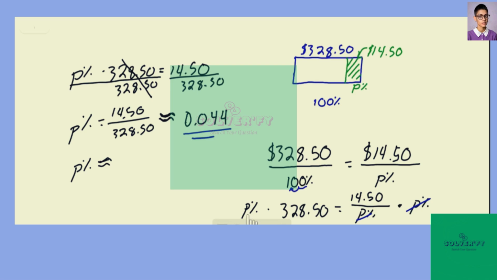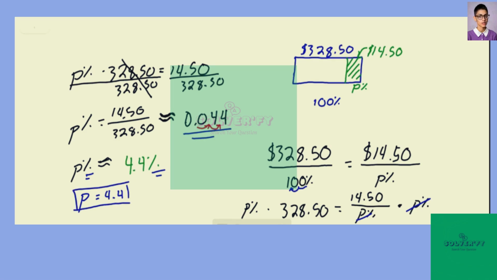So I do that by multiplying the right-hand side by 100, or you can think of it as moving this decimal place over to the right. So that's going to be a value of 4.4%. Do you notice how now I have this percentage sign on both sides? That's really helpful because that helps me determine that P is the number 4.4, not the number 0.044.